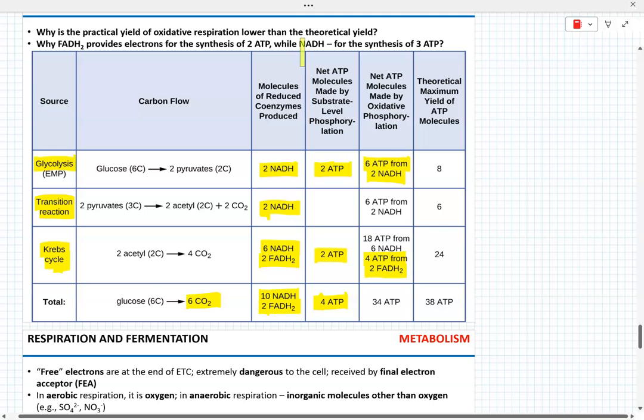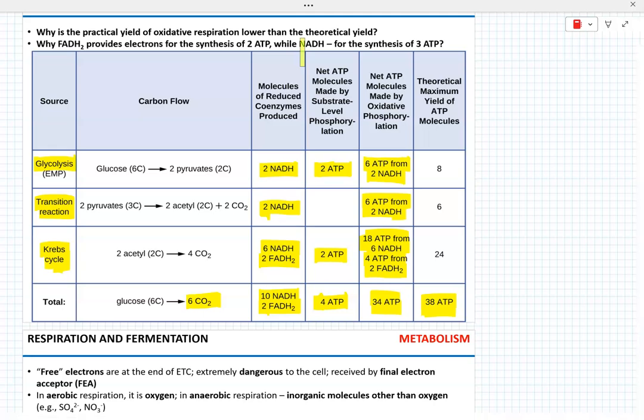Via these fairly simple calculations, you can see that the total number of ATP produced during oxidative phosphorylation and the electron transport chain is 34. Combined with the 4 ATPs produced in the Krebs cycle and in glycolysis, the maximum theoretical yield is 38 ATP molecules.